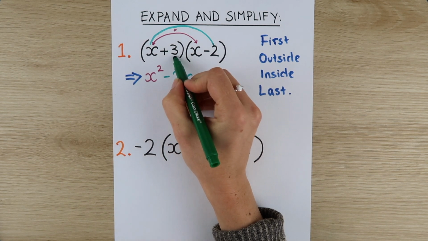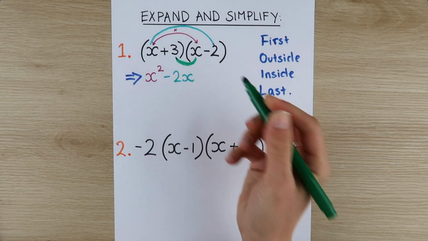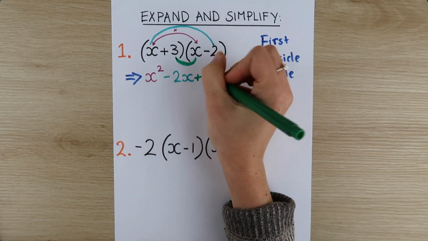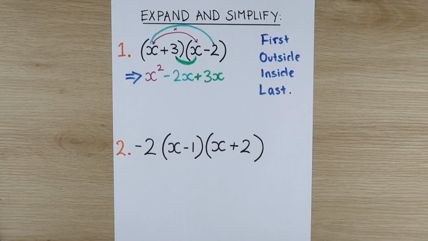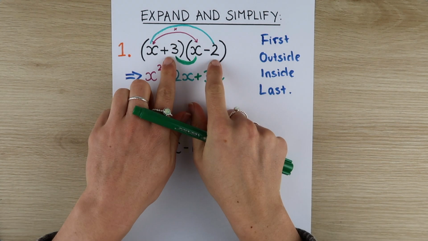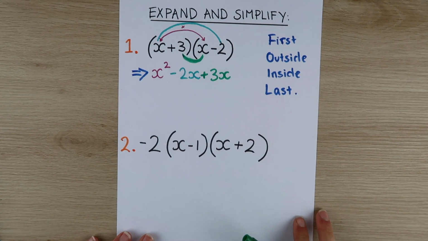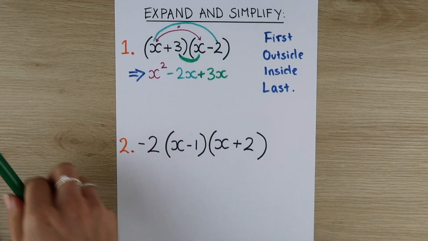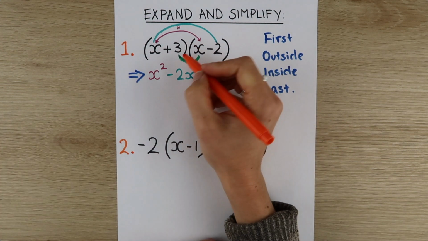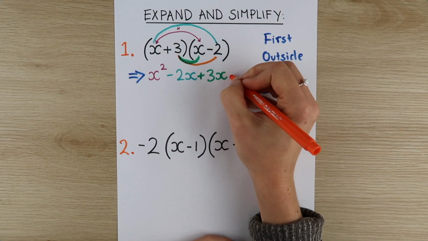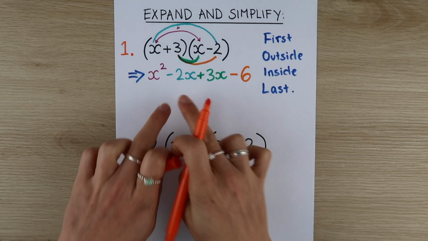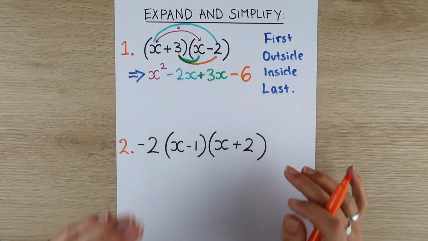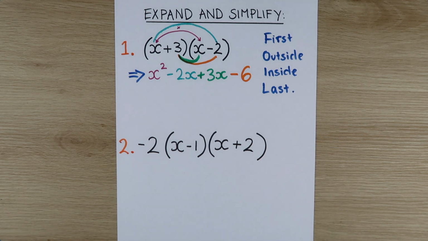So my two inside ones, they're on the inner side of the brackets. So that's 3x. And then I've got my last one, which is obviously +3 and -2. And that becomes -6.